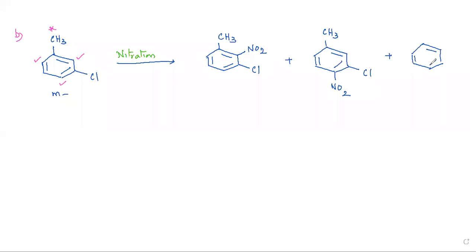And finally this. Okay. Now this is how we get three isomers, when you've got them at meta position to each other. Then finally, when they are at para to each other.